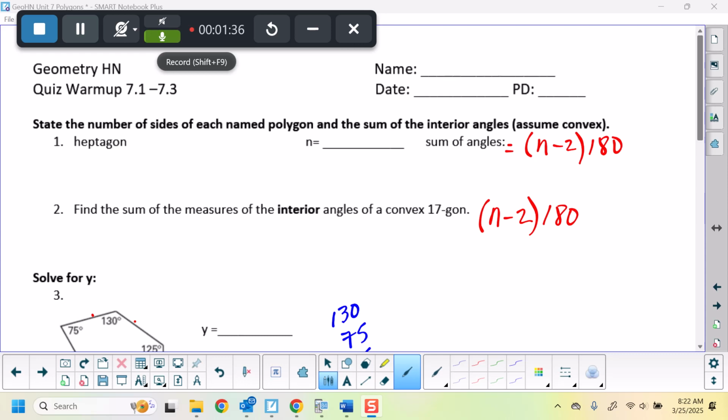All right. State the number of sides of each named polygon and the interior angles. This is a vocabulary term. Somebody asked me yesterday, any clues on how to remember this? They're your prefixes that your English teachers have been teaching you to pay attention to for years. If an octopus has 8 arms or 8 legs, how many sides does an octagon have?